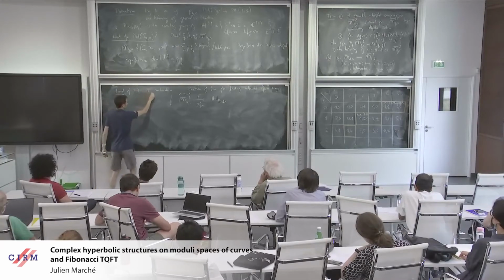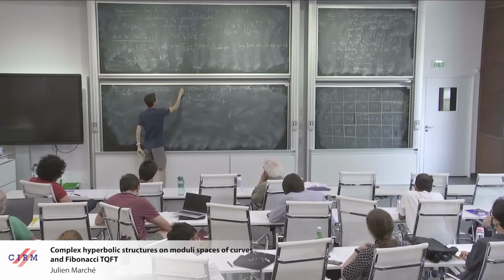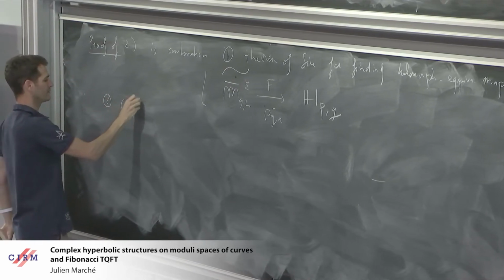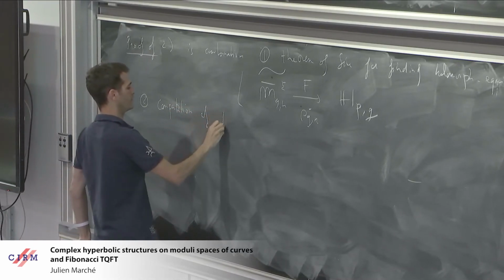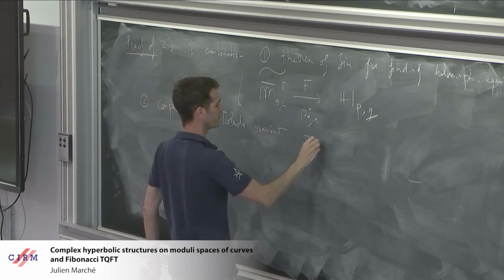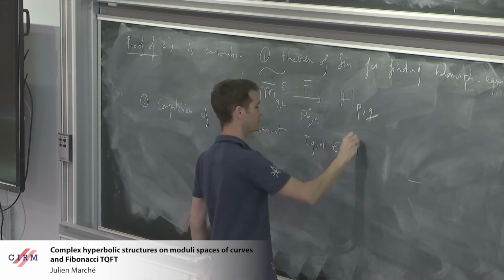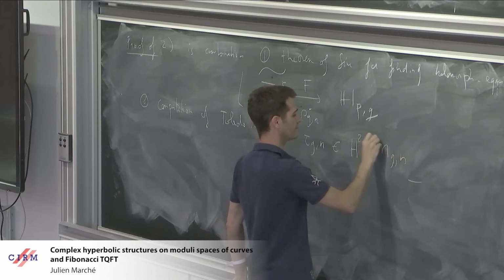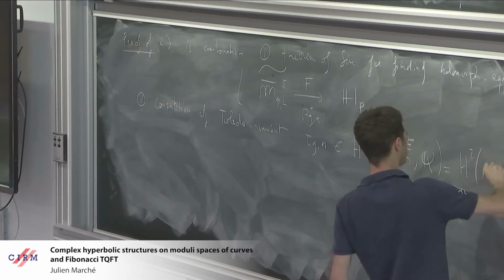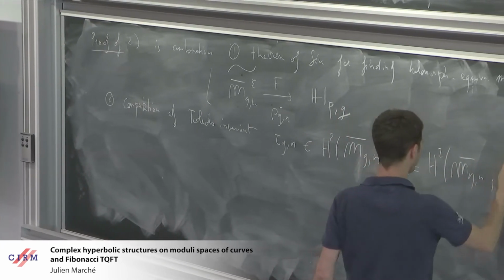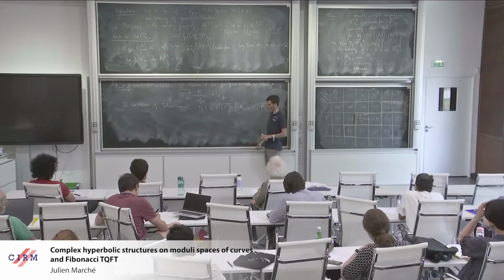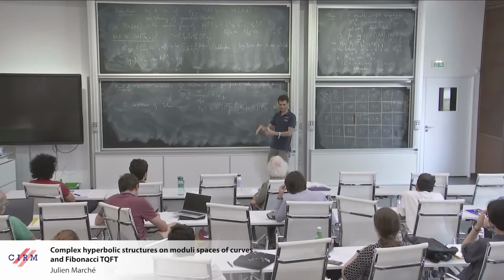And the other one, I said it's a combination, so this is the first thing. The other one is the computation of a Toledo invariant, say tau Gn, which is indeed some element in H2 of MGN bar E, but as I told you, this is the same as H2 of MGN bar Q. I would like to explain what this Toledo invariant is and how it can be computed, and it is really the heart of our paper.